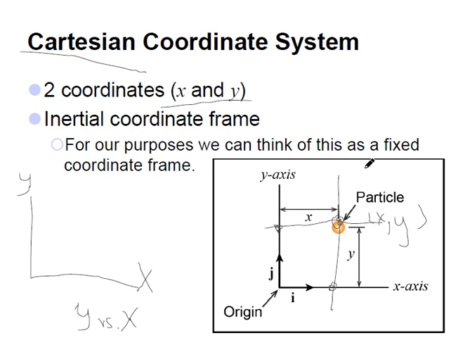So the inertial coordinate frame: we're doing this fixed coordinate frame, and we're studying an object. When we study the object, we know that this object is not going to accelerate in this coordinate system. We're going to assume it is stationary. We're going to assume that this object doesn't change over time.